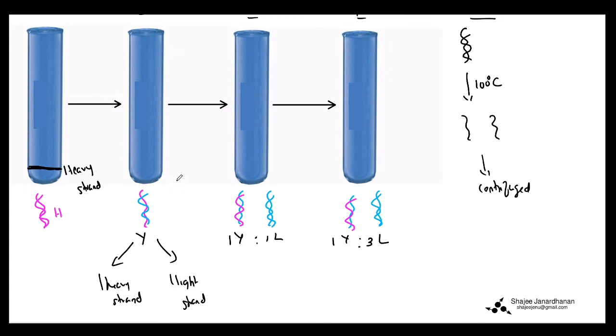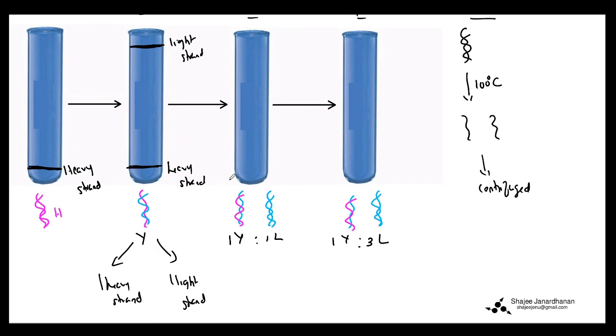Because all the hybrid duplexes will separate into single strands, how many bands do you get? You get a band that corresponds to a heavy strand, as well as another band that corresponds to the light strand.